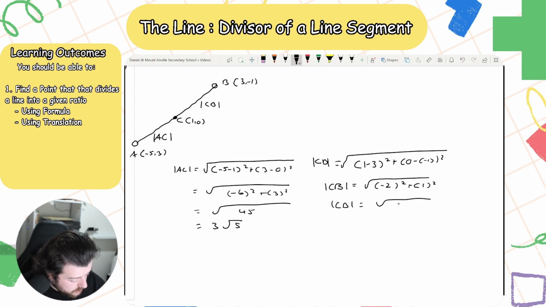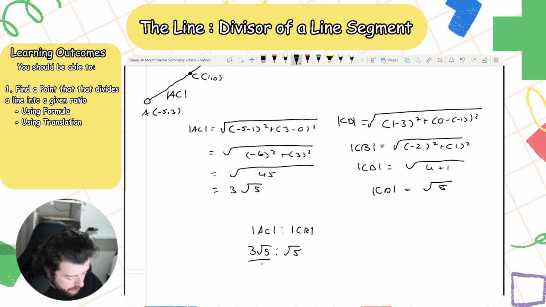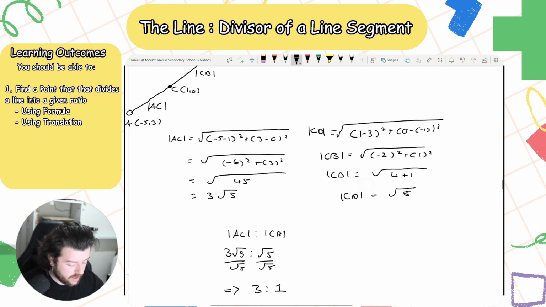CB is going to be equal to 4 plus 1, so CB is equal to root 5. So put these in ratio to each other. AC is to CB, I'm going to get 3 root 5 is to root 5. And therefore divide both sides by root 5, and I'm going to get the ratio 3 is to 1. And there we have it.